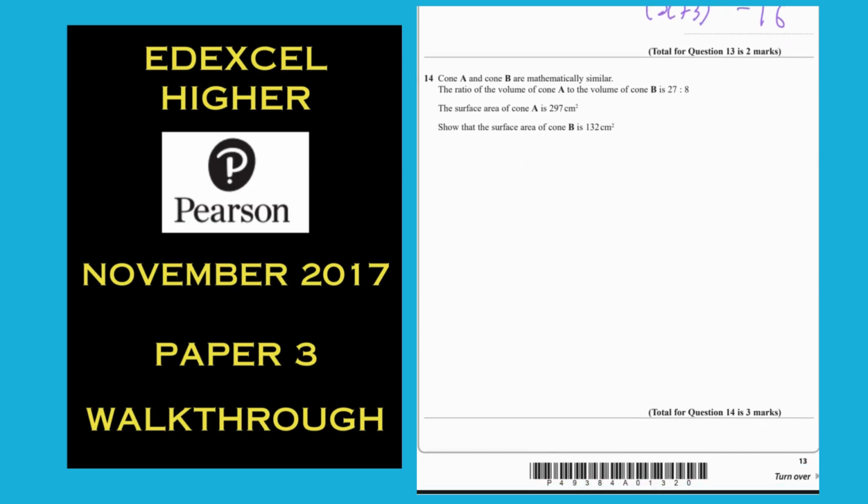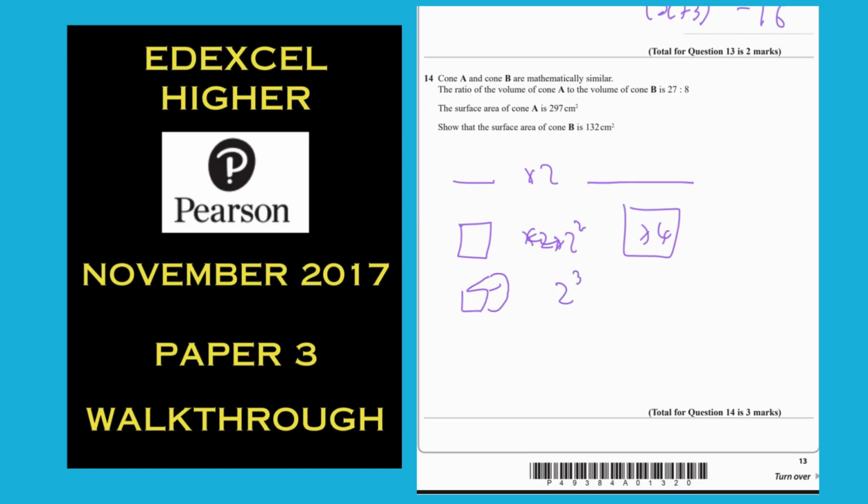Number 14, I mention it pretty much every paper because there's always a scale factor question. Now, I'll rub this out in a sec, but let's not forget, in a straight line, if you double the length of a straight line, you times it by 2. If you double area of a shape, if you double the length and double the height, you're getting times 4, or in other words, 2 squared.